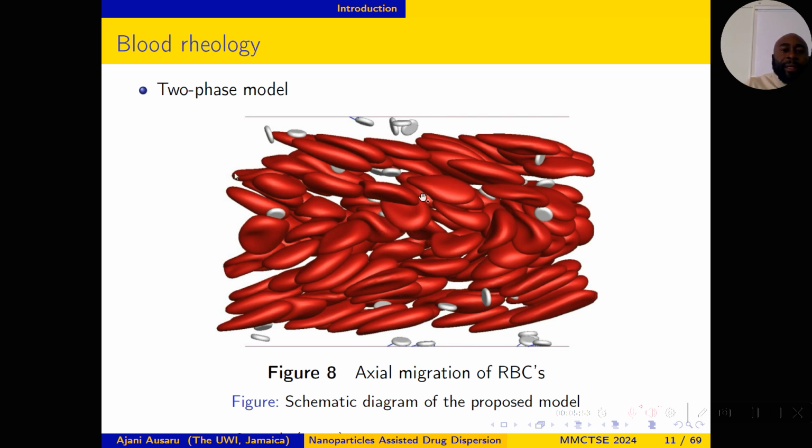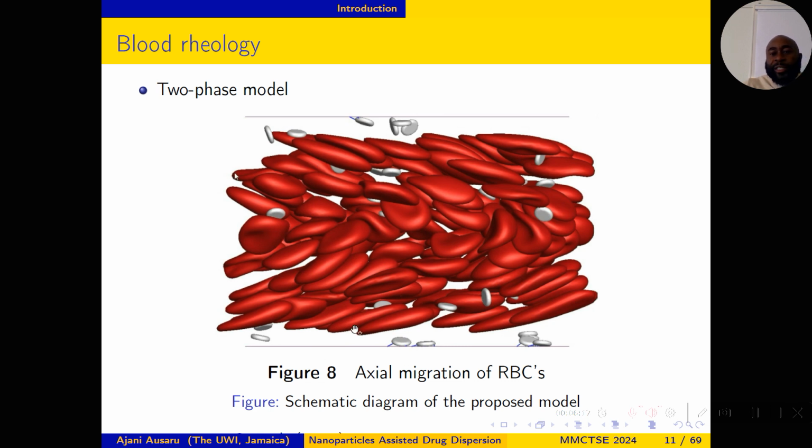In addition, in terms of the nature of blood and the hematocrit, which is the volume of red blood cells in a particular volume of blood, what we notice happening physiologically is that the red blood cells tend to migrate towards the center of the tube or the vessel. And as such, we notice a depletion of red blood cells near the wall of the tube.